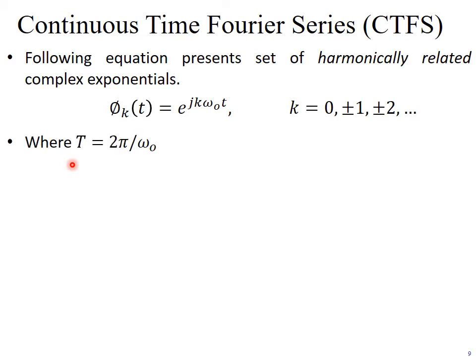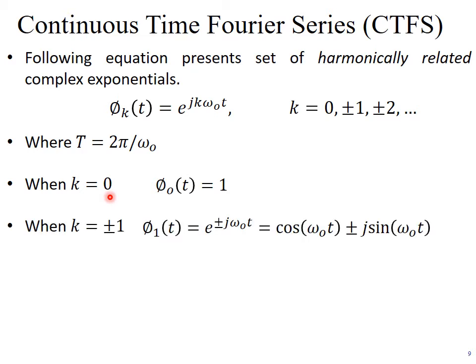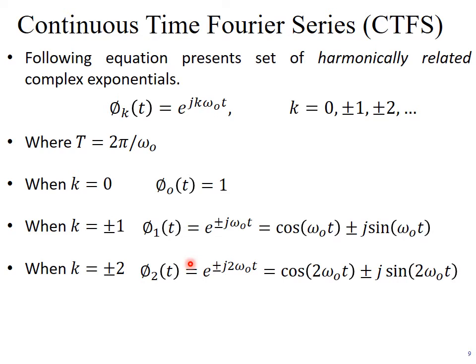Harmonically related means their frequencies are integral multiples of each other. For example, at k equal to 0, phi is equal to 1. And for k equal to plus 1 or minus 1, phi 1 of t is equal to cos omega naught t plus minus j sin omega naught t.